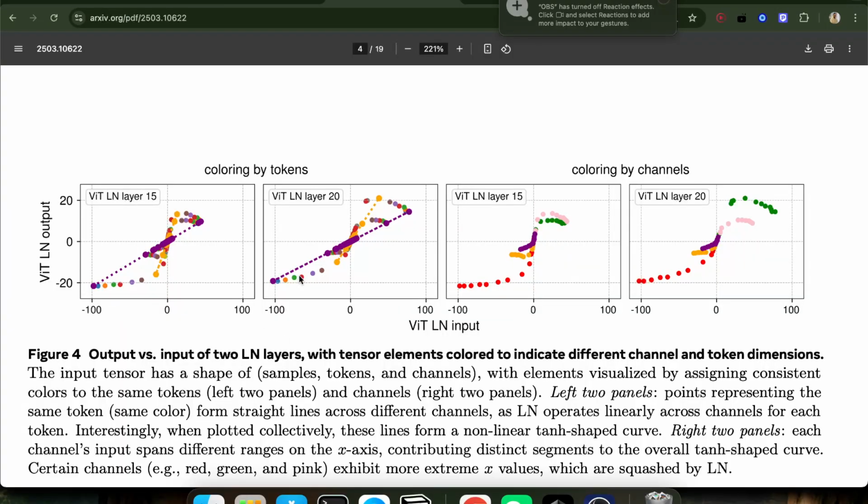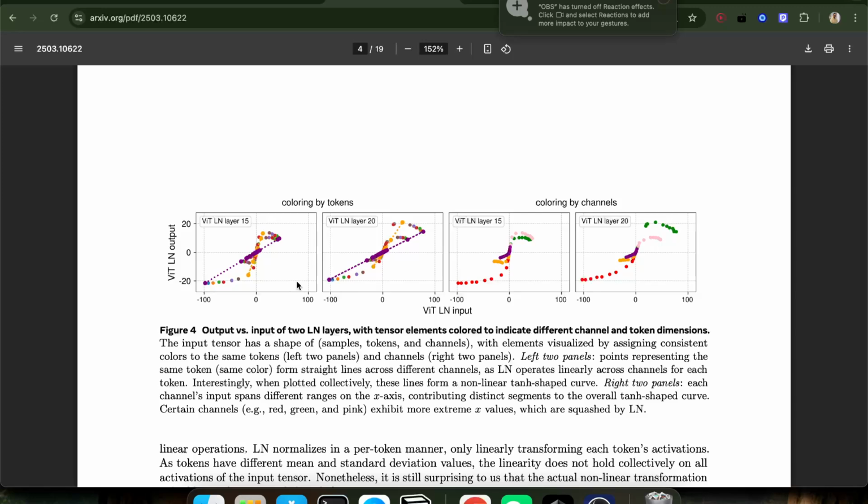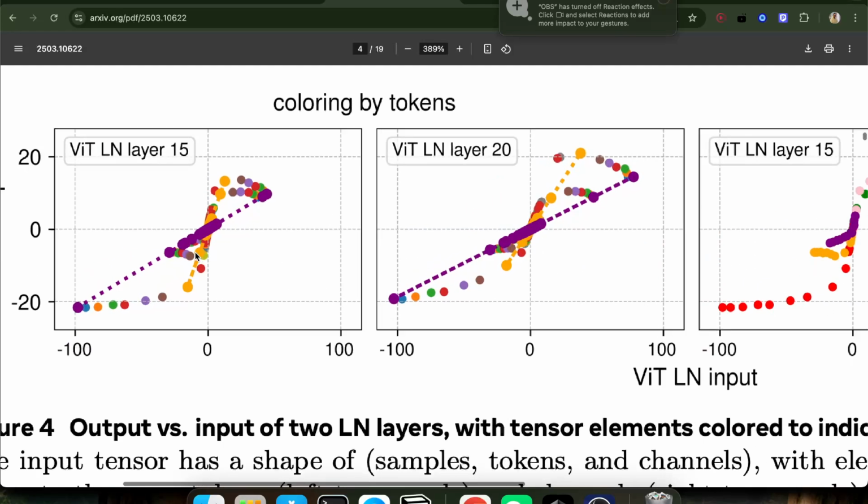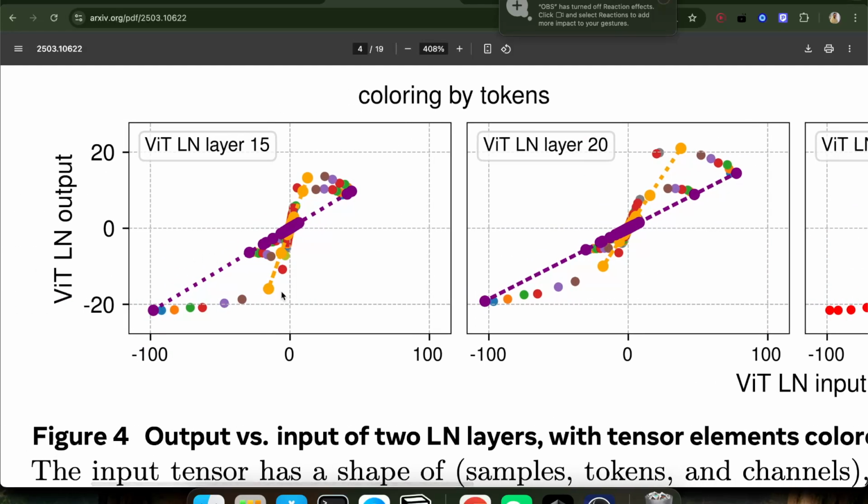In this image, you see that we are looking at the vision transformer layer 15 and layer 20, and also layer 15, layer 20. But this one is coloring by tokens. What does that mean? It means if you see one color, those are the features of one token.